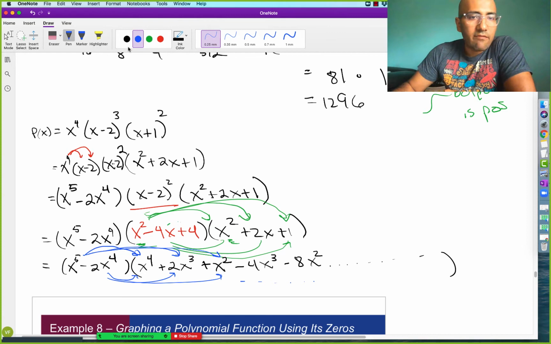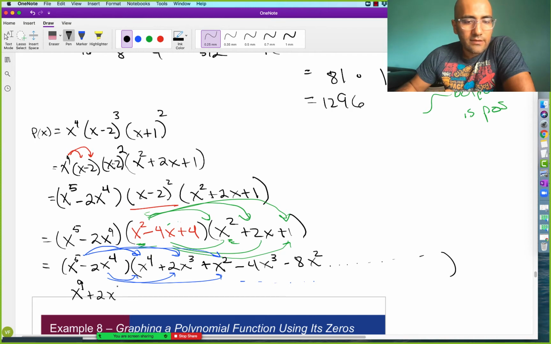But as I begin that FOILing process, the biggest term is going to come by doing this one times that one. So it'll end up being x to the 9th, and then plus 2x to the 8th, plus x to the 7th, and so on.